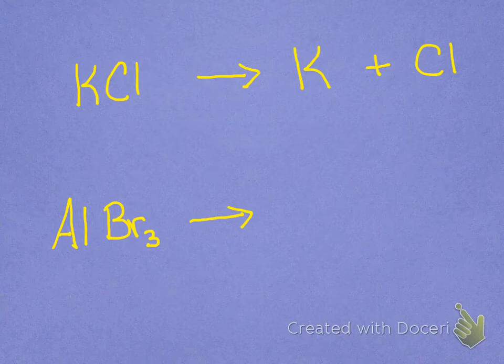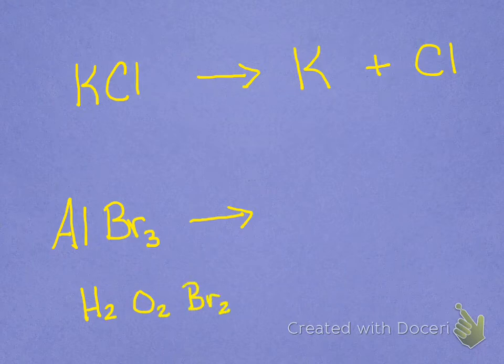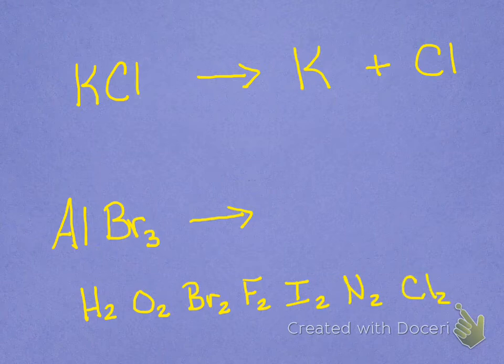Hopefully you're thinking, there's something. Sometimes elements aren't just by themselves. When is that? You have to remember our Oberfinkel elements. Let's see, hydrogen, oxygen, bromine, fluorine, iodine, nitrogen, and chlorine. Spells Oberfinkel.